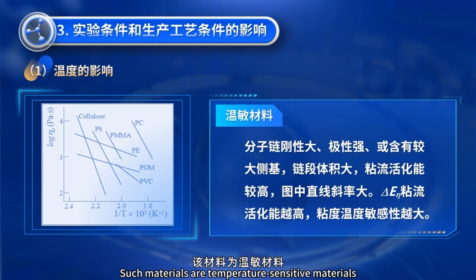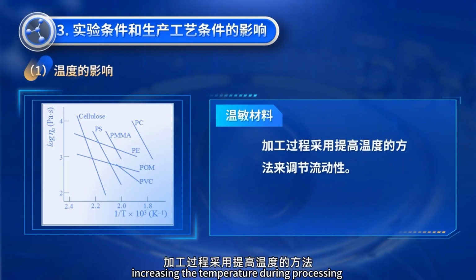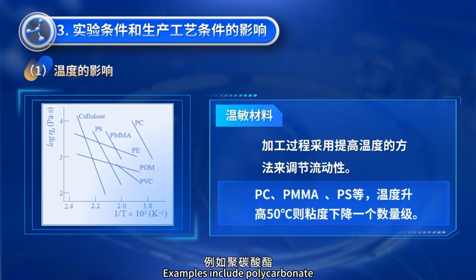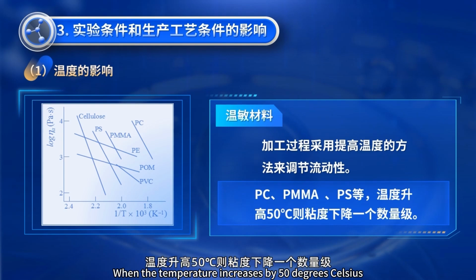Such materials are temperature-sensitive materials. For temperature-sensitive materials, increasing the temperature during processing is the method used to adjust fluidity. Examples include polycarbonate, polymethyl methacrylate (PMMA), or organic glass, and polystyrene. When the temperature increases by 50 degrees Celsius, the viscosity decreases by 1 order of magnitude.